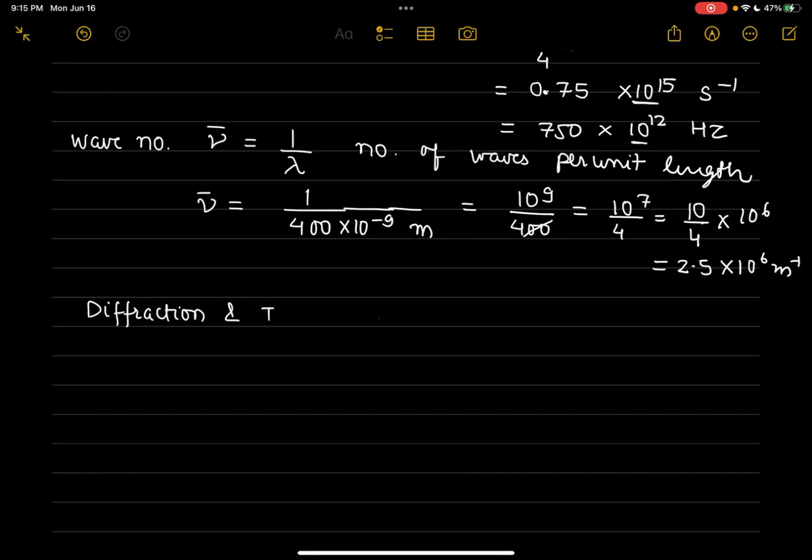Diffraction and interference are the evidence of the wave nature of light.